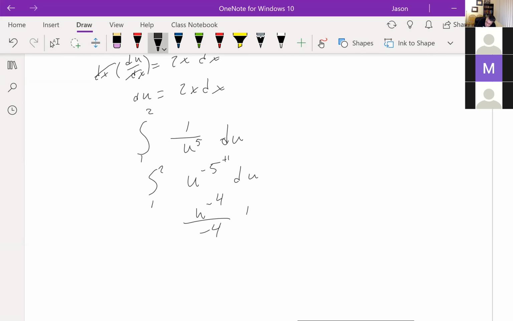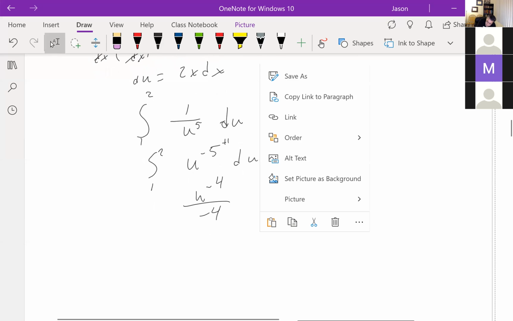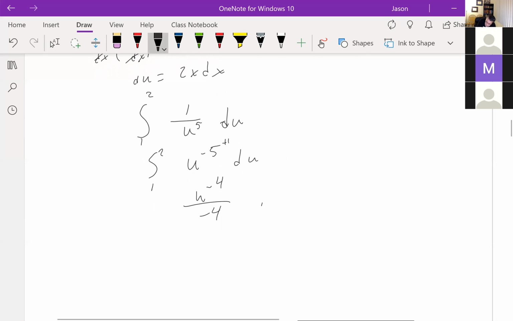Normally I'd have a plus C here, but I don't, because I'm going to have limits of integration. I'll put the 1 and 2 there. But I do not plug the 1 and 2 into u. Bad. Do not do that.